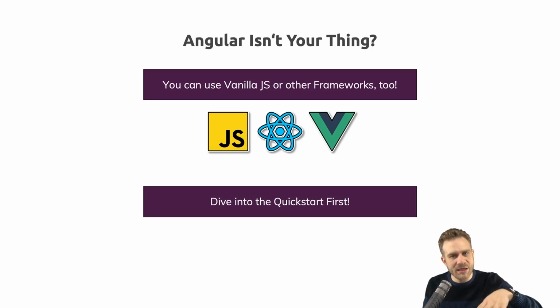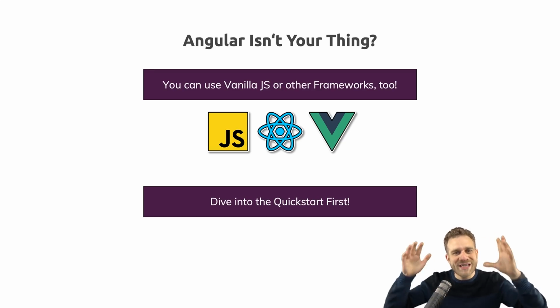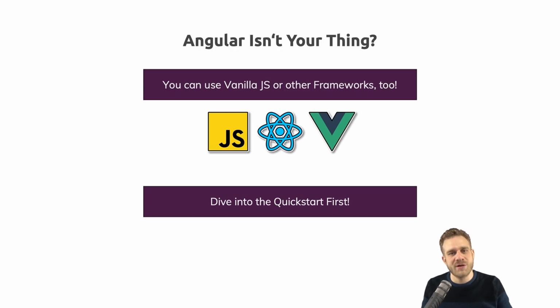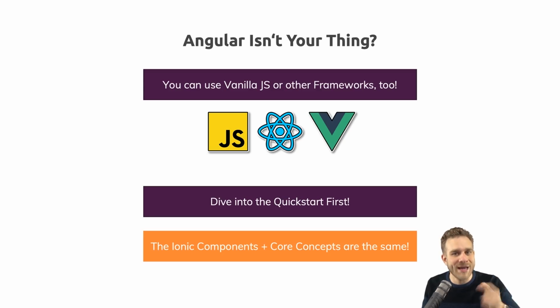You should still, in case you want to go that route and you don't want to refund the course, which is nice, of course, go through the quick start parts, the first sections of this course to learn how Ionic works, and you will then still be able to use that knowledge with these other frameworks, even though some things will differ there, but you will know which things differ by the end of these first sections, because the Ionic components you use and the way you use them will be the same. And speaking of that, it's time to get our hands dirty and start using some Ionic components.